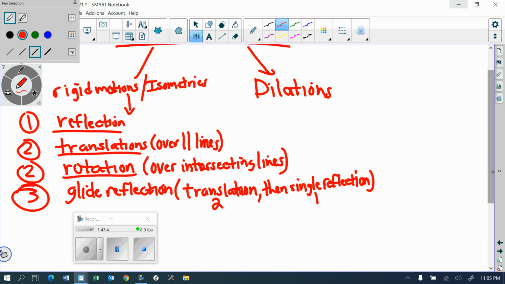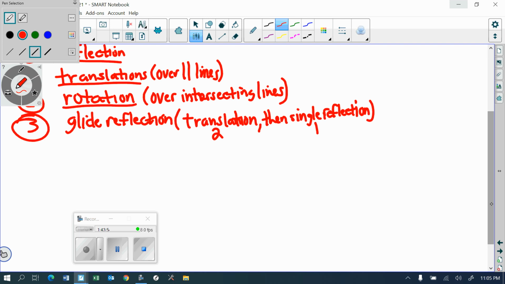Now, these are all congruent. This is the definition of congruence, DCAS's definition of congruence.